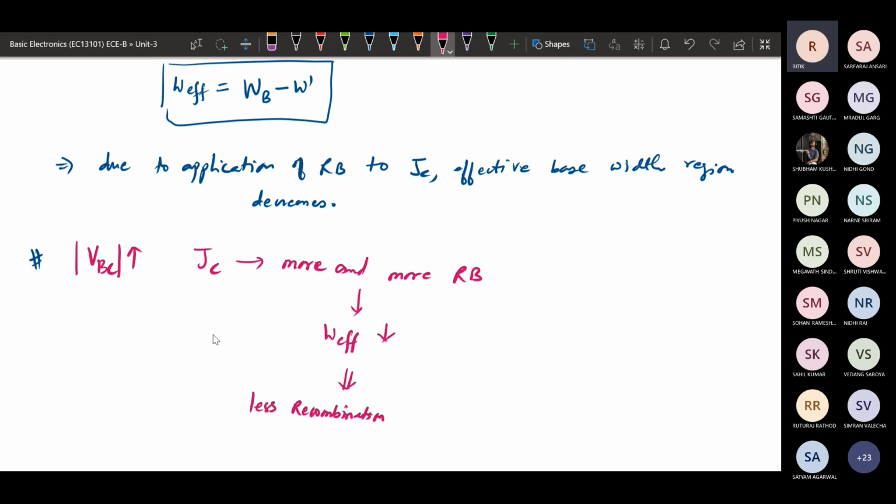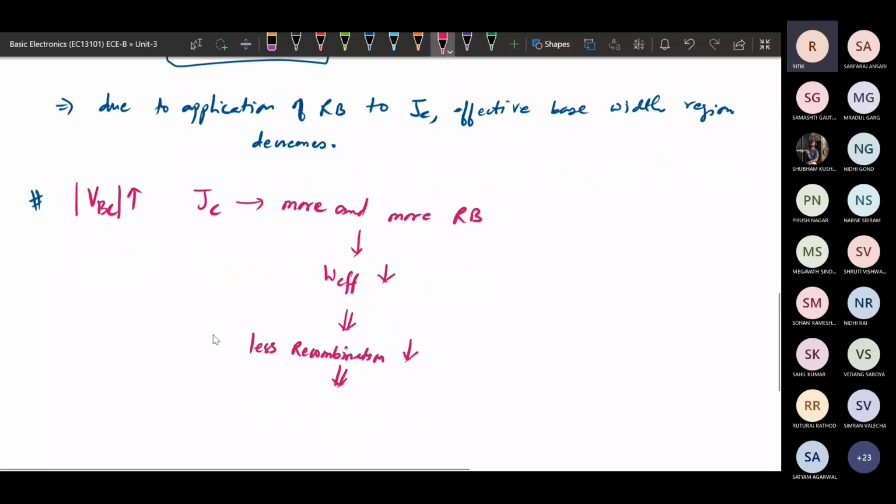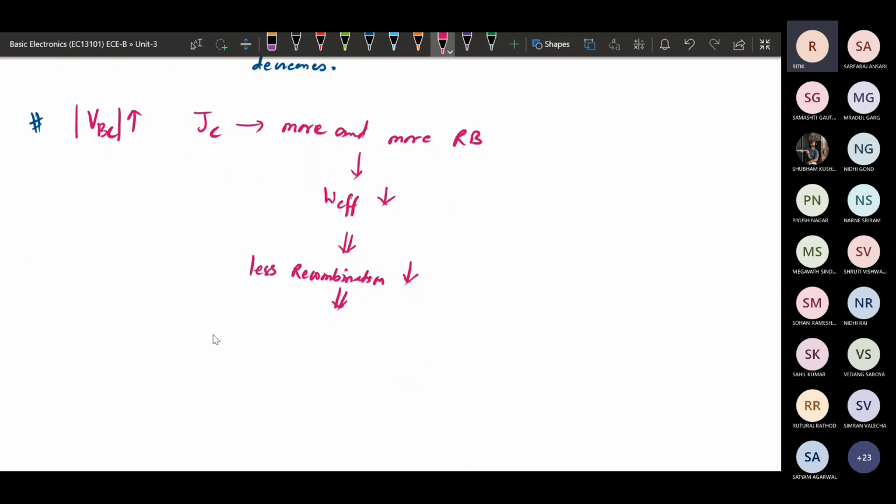So less recombination will be there, recombination will be reduced. Okay, so base current is because of the recombination only. So if there is less recombination, IB will be reducing.